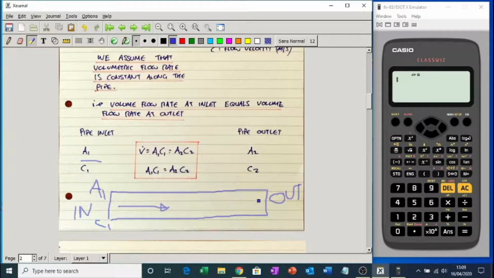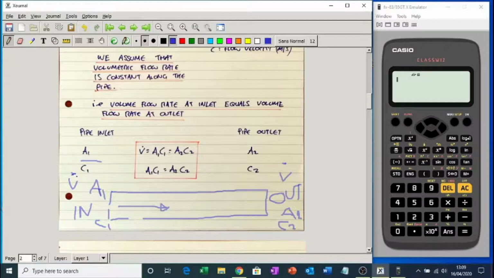This is going to be area 2 and C2. So whatever the flow rate here is, it's got to be the same over here, because we're assuming the volumetric flow rate is constant.